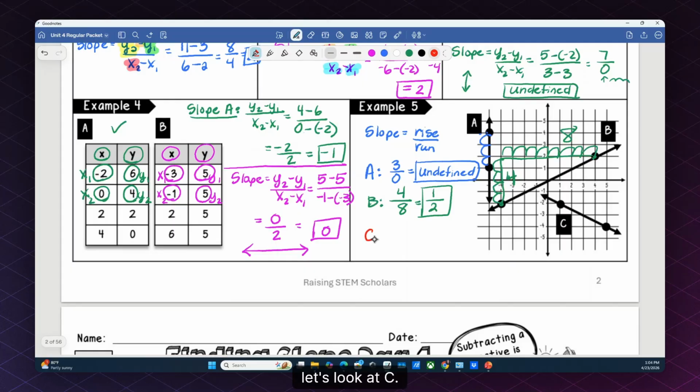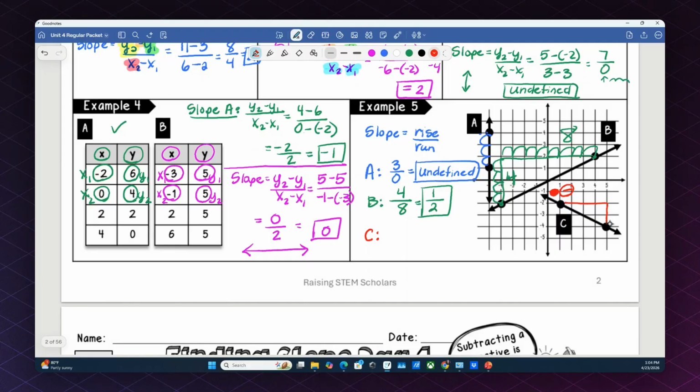All right, let's look at C. Okay, so this one, we're going to make us a little triangle here. But I want to point out something. It is slanted over here to the left way. This is going to be a negative slope. So no matter what we do, we've got to make sure that we are doing a negative.